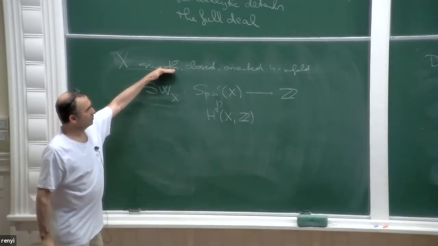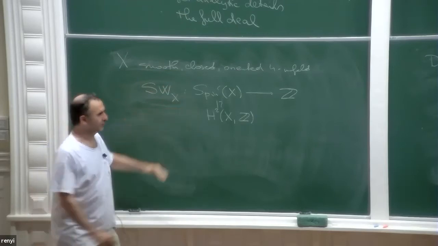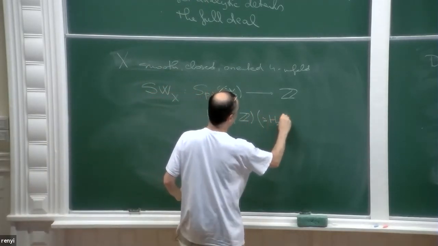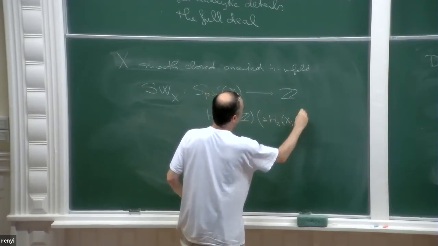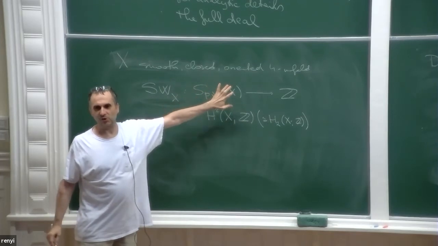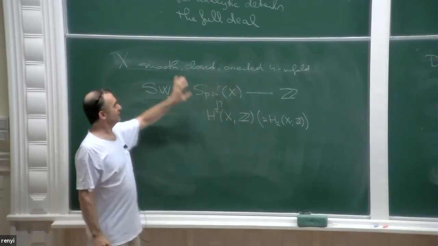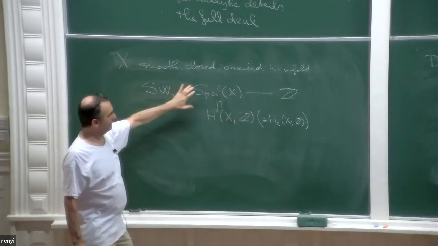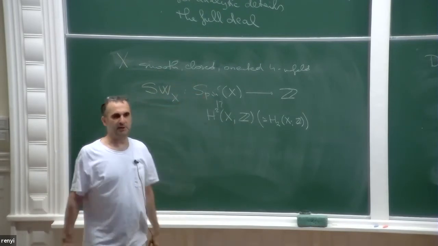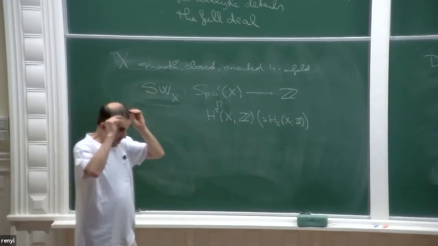For a closed oriented four-manifold, the second cohomology is actually the same as the second homology. So it's a little bit unorthodox space, but it's not so weird. We know exactly the rank. If X is simply connected, then it's a free Z module of rank b2, the second Betti number.